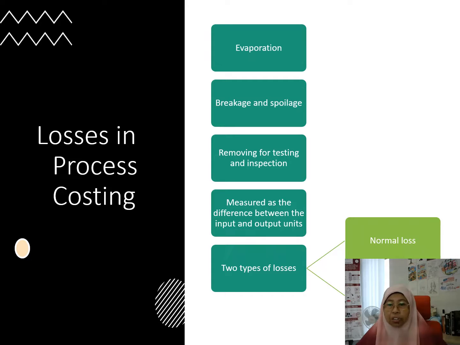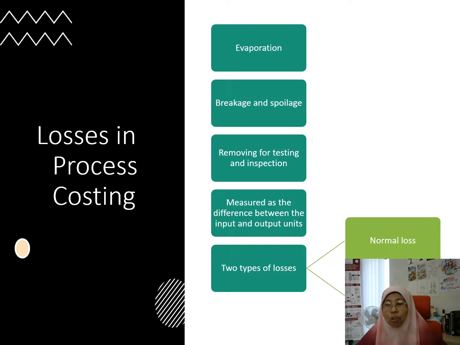Second, breakage and spoilage, accidental damage that makes the process break. And the third, removal for testing and inspection. These losses will be measured by the difference between the input units and the output units.